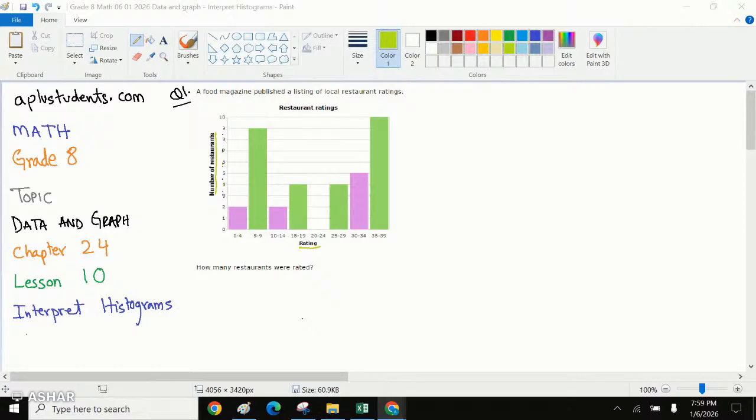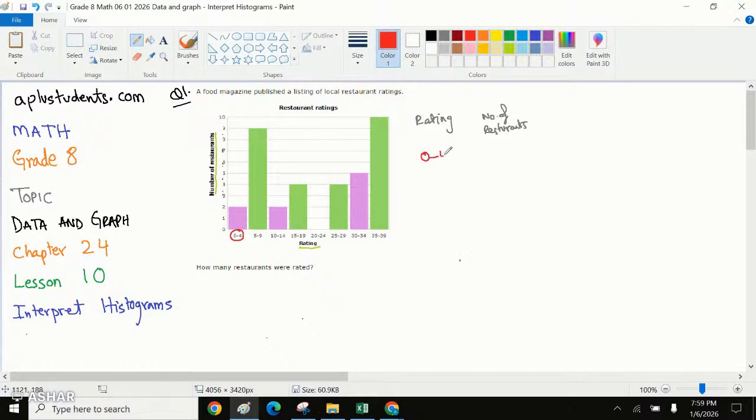The first thing we need to do is find how many total exactly there are. There are 2 ways of doing it, right? What we can do is make a grid. We can say the ratings, okay, and the number of restaurants. The rating was between 0 and 4, right?